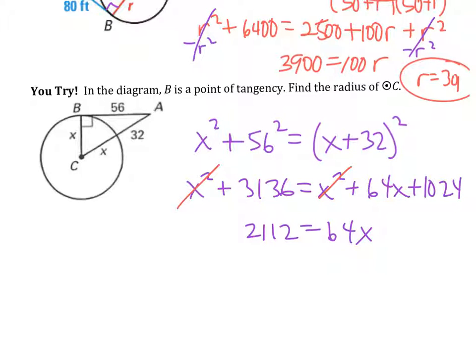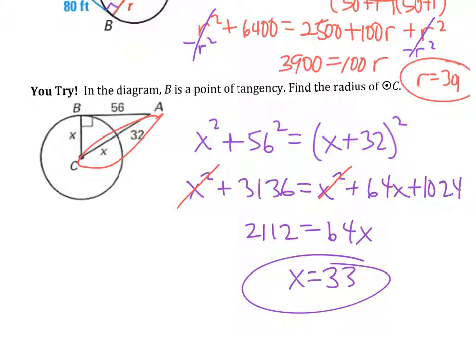Divide by 64 and you get 33. Very good. Any problems with that? The big thing is you have to make sure you understand that the x and the 32 represent the hypotenuse. That's the one that goes in parentheses, not the other ones. Yes, ma'am. Is that 64x? 1,024. Yes. Okay?